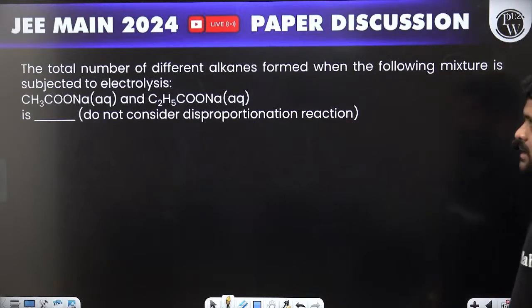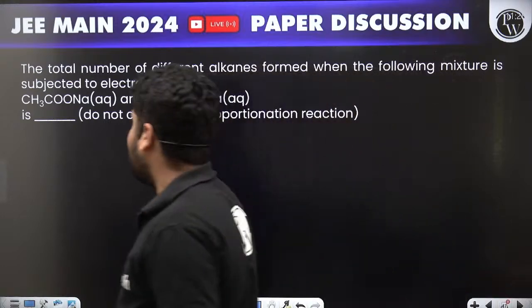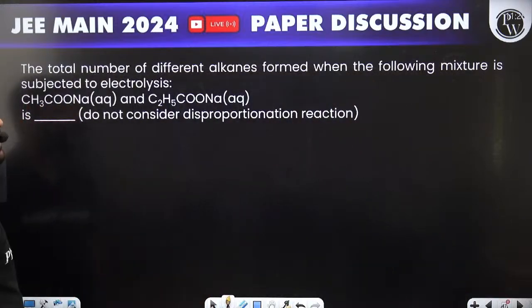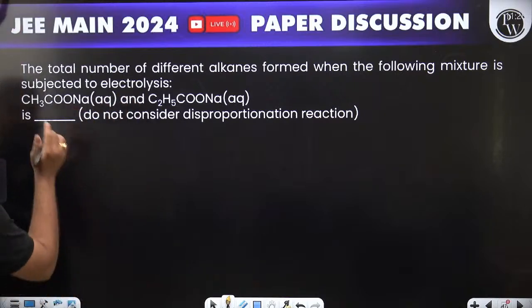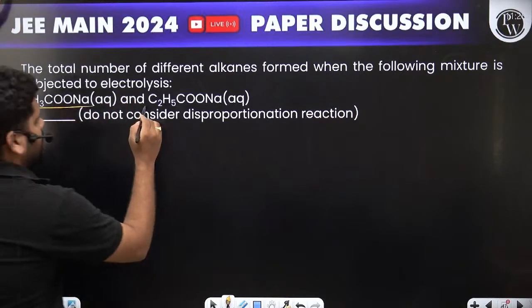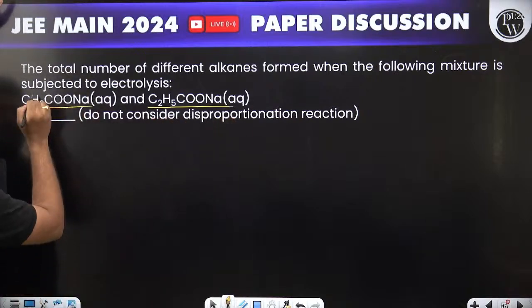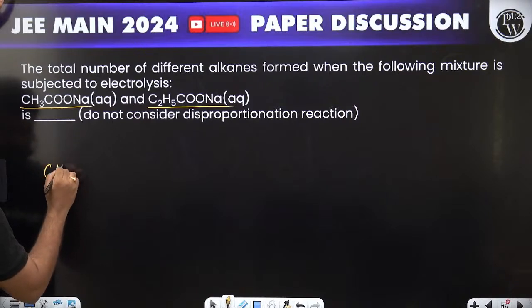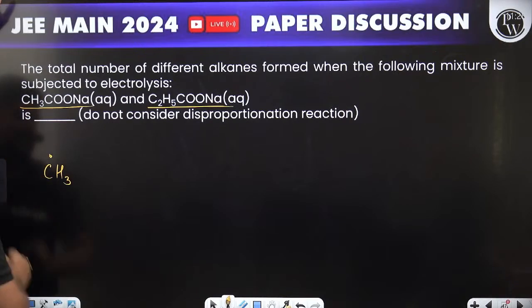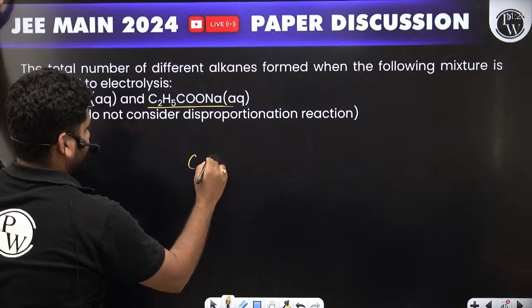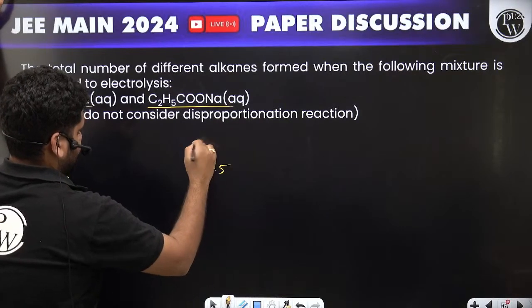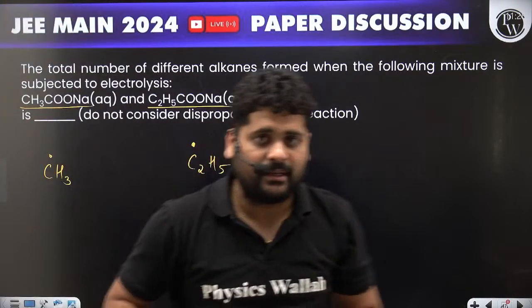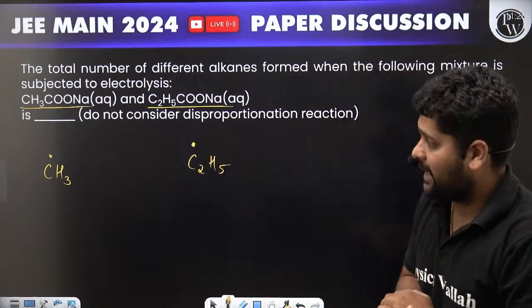Okay. See, now next question, the total number of different alkanes formed from Kolbe electrolysis when you take two different sodium salts of carboxylic acid. It proceeds through free radical mechanism, isn't it? So we are going to get a free radical of methyl in this case. Here you are going to get a free radical of ethyl in this case, when you take two different sodium salts of carboxylic acids. Okay.